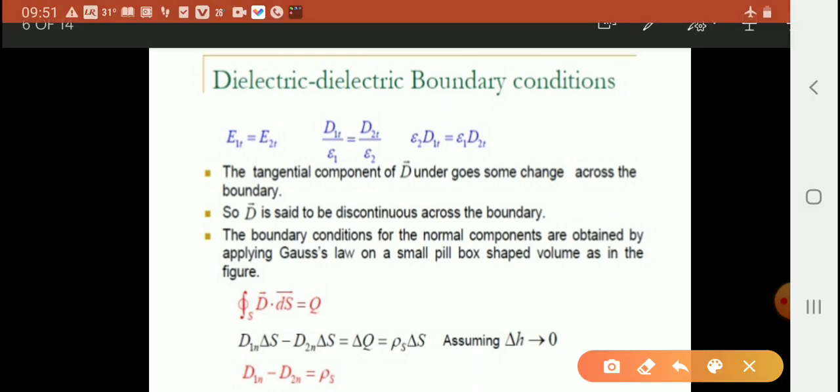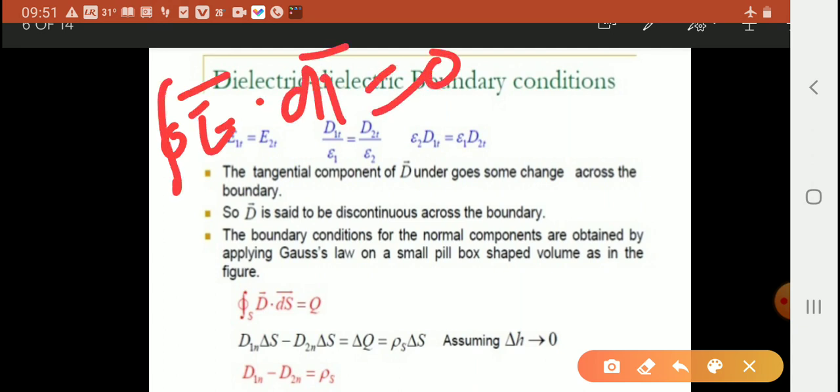Electrical field intensity does not exist inside the conductor, which means along the path the electric field intensity will be 0.